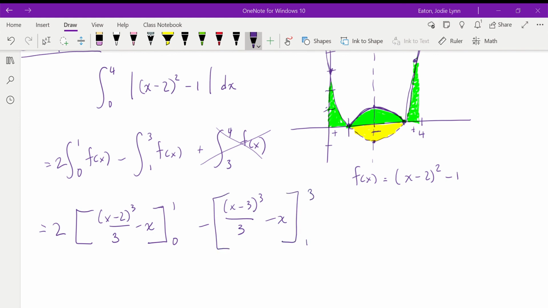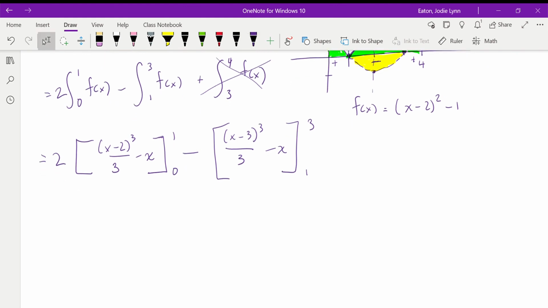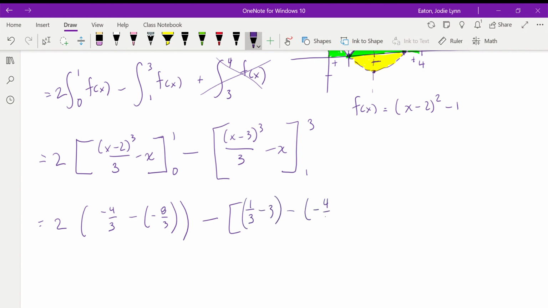So notice we're subtracting this here because we know that from 1 to 3, this is actually going to come out negative. Okay, so let's plug everything in. So this is equal to 2 times negative 4 thirds minus a negative 8 thirds, minus 1/3 minus 3 minus a negative 4 thirds.